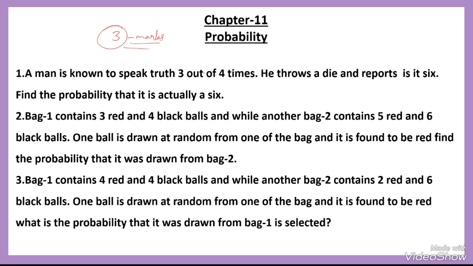From probability you get one MCQ question, one fill in the blanks question, one 3 marks question, and one 2 marks question. From this chapter you will get 8 marks.